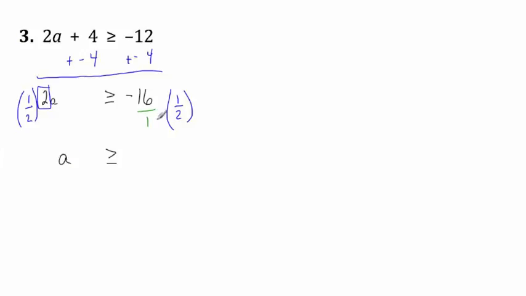And in the right-hand expression, it's going to be a negative times a positive, which is going to be negative. And cancel, 2 goes into itself once, and into 16, 8 times. So this will be 8 times 1, which is 8, over 1 times 1, which is 1. I don't need a 1 in the denominator. I find that a is greater than or equal to -8.